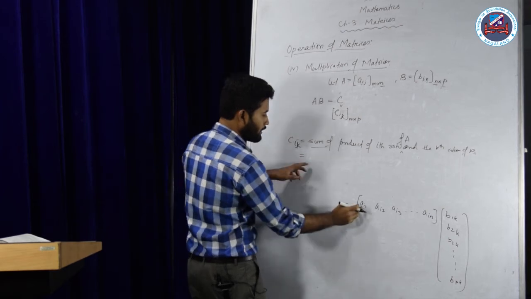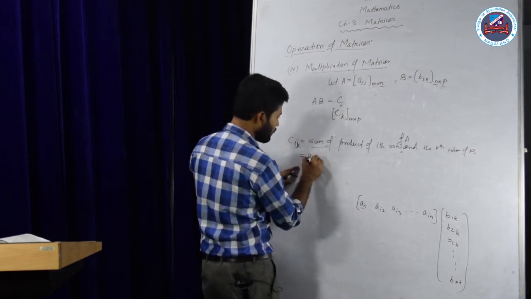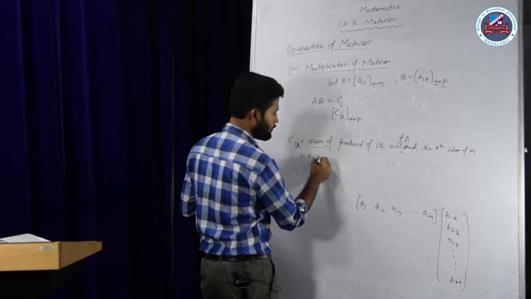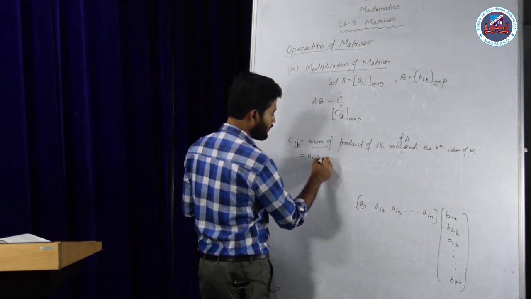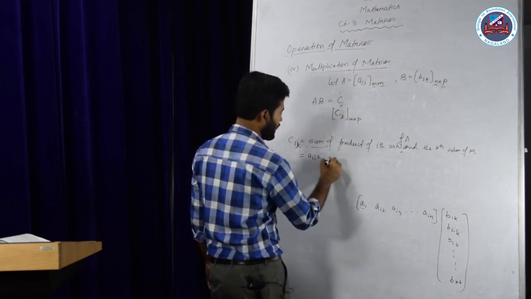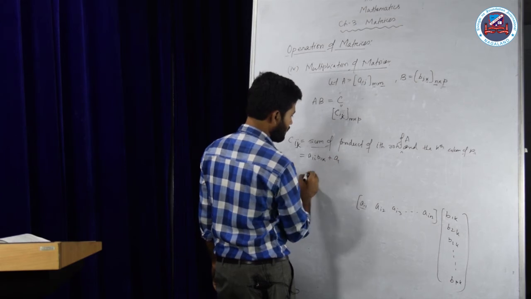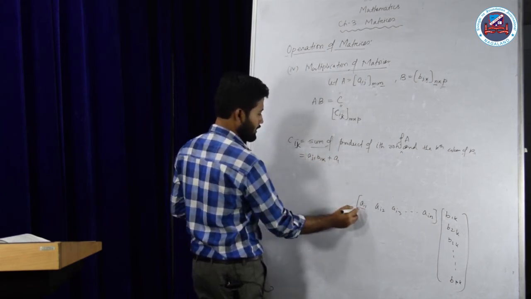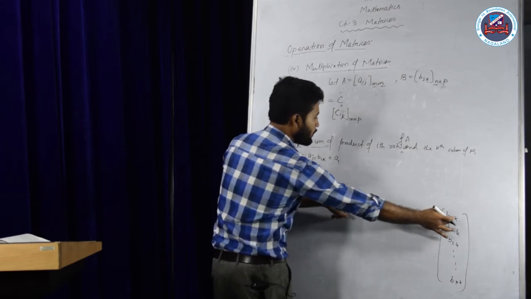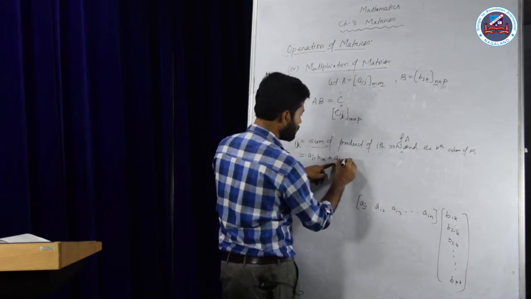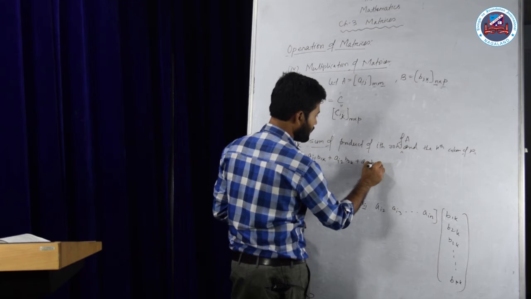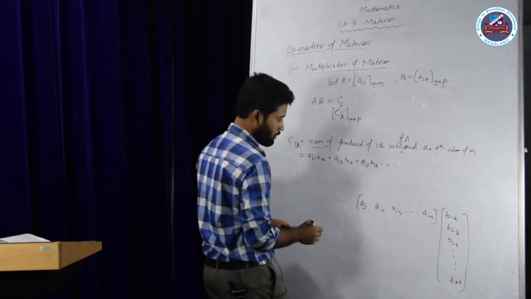This will be A1i and B1k plus A. So it will be Ai1 B1k, then Ai2 B2k, Ai3 B3k, and it will go on.